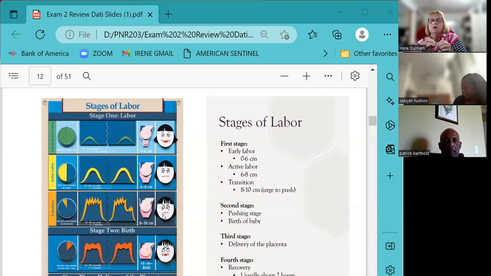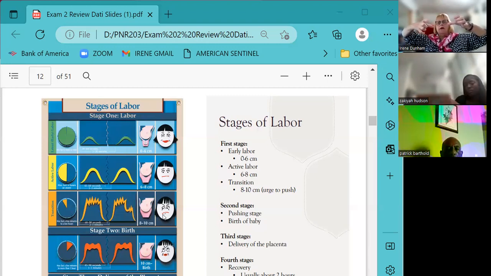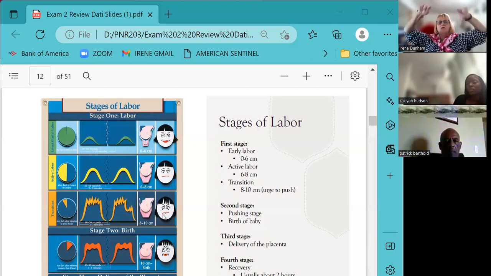You don't push before you're 10 centimeters, because the cervix can tear. If you still have cervix around and she's pushing, the baby's head puts pressure against it, and the cervix can get thicker. That's not good, so we don't want her to push.